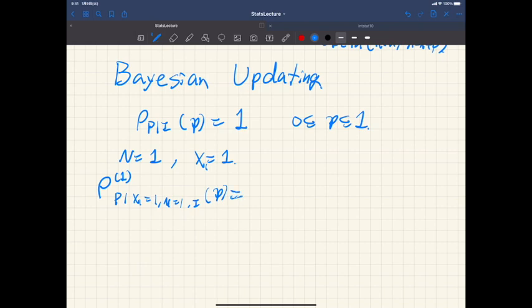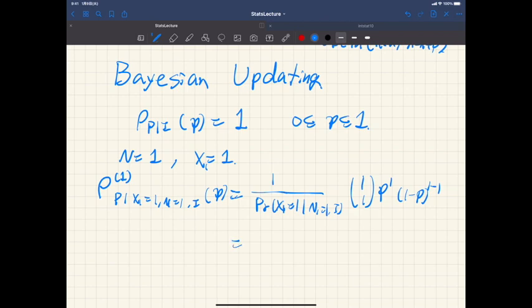If you apply the same formula, we would have 1 over the probability of x1 is 1 given n1 is 1, times 1 choose 1, p to the power of 1, and 1 minus p to the power of 1 minus 1.